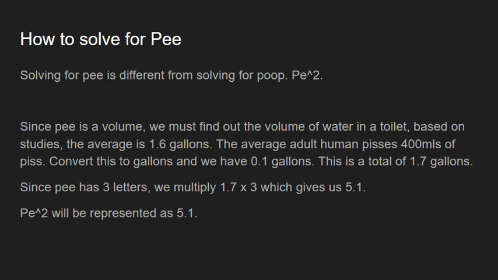Convert this into gallons, and we have a measly 0.1 gallon. This is a total of 1.7 gallons, and keep the 1.7 in mind. We are going to use this later to finalize the answer. Since P has 3 letters, we multiply 1.7 by 3, which gives us 5.1, which means P squared will be represented as 5.1.